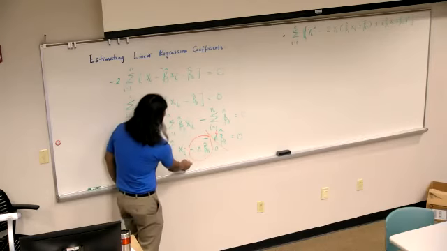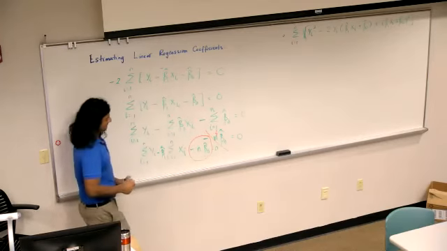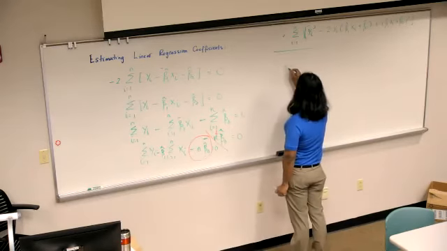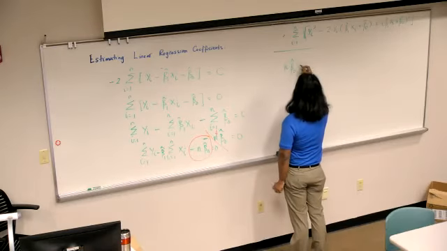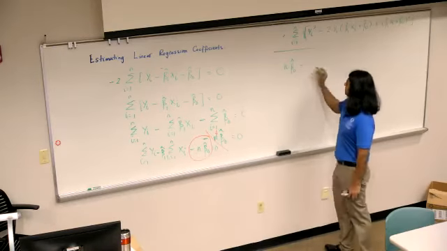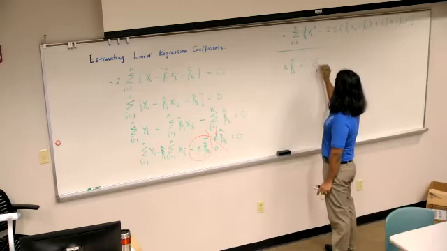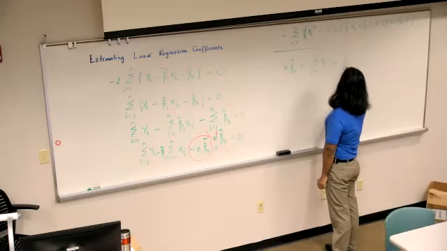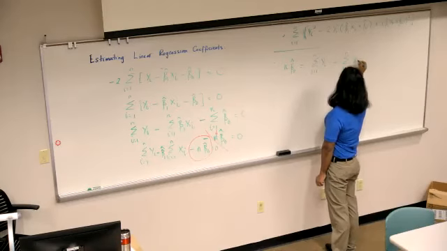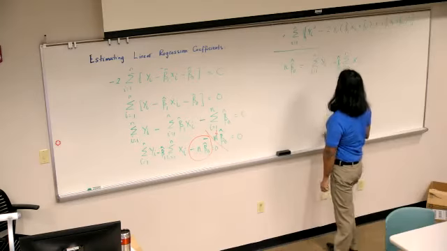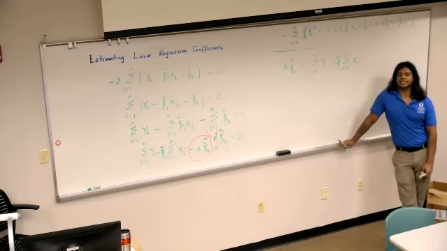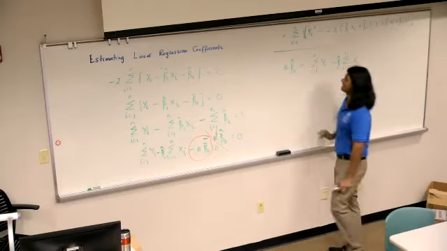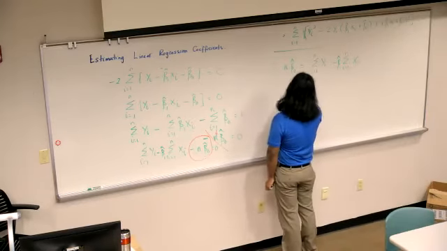I can move that part to the other side. So I will have n beta naught hat equal to the sum from i equals 1 to n of yi minus the sum from i equals 1 to n of xi times beta 1 hat. What is the next rational thing to do? Divide by n, so beta naught hat.